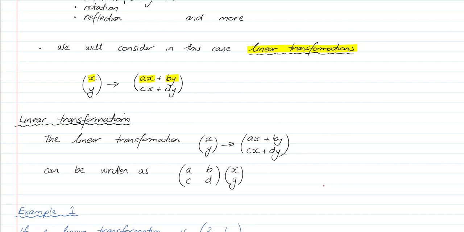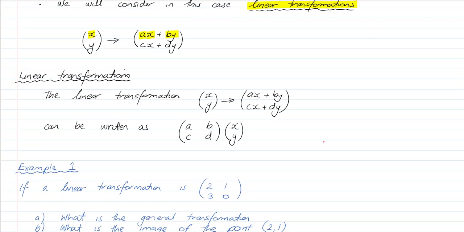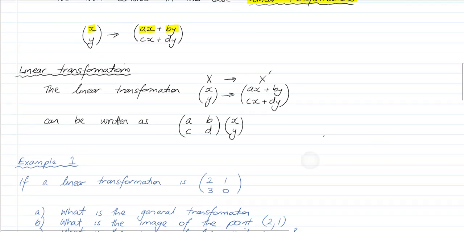Then we get ax plus by, cx plus dy, which means that the coordinate (x, y) goes to the image coordinates (x', y'). So x goes to ax plus by, y goes to cx plus dy, and it can be written as this combined matrix, (a b; c d) times (x, y).